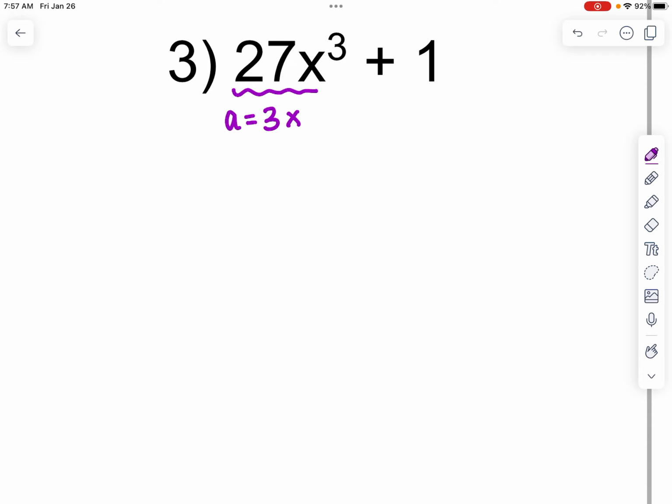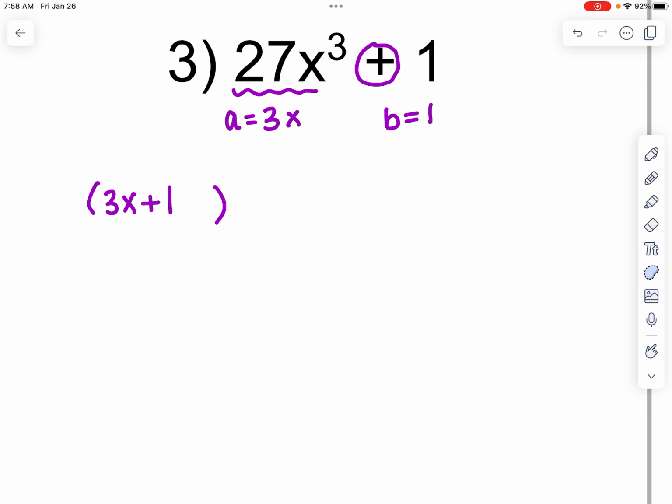Now for 1, the cube root of 1 is 1. So now we can put this into our factored form. In the first parentheses, we have a, and then it'll be plus, because this problem was a plus, b. So we get 3x plus 1.